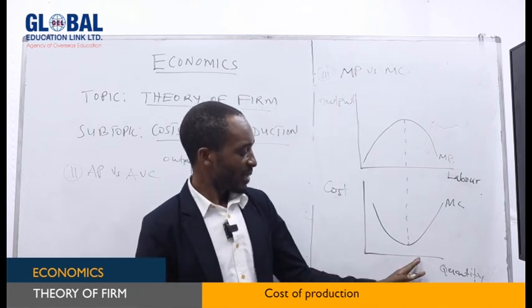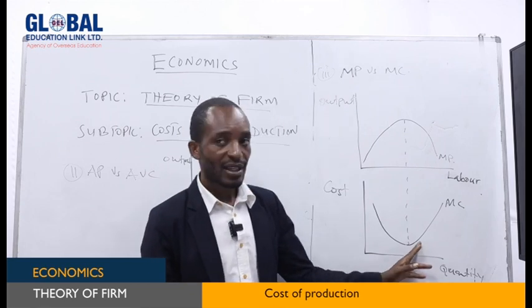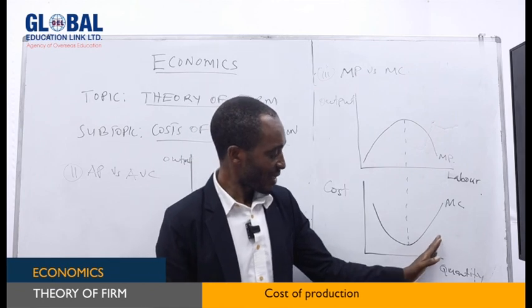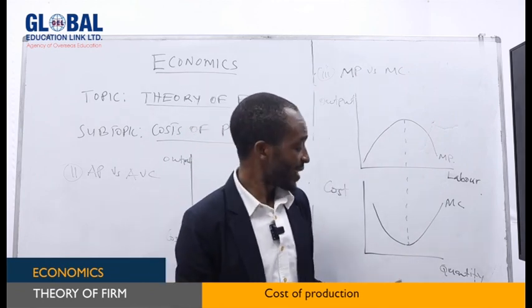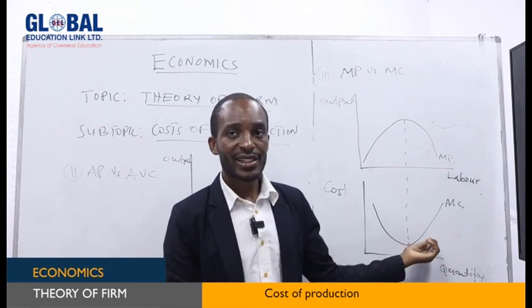Now, if you see in this case, as you increase output, the cost is increasing. This situation is not profitable, since as you add more units of output, the cost is increasing.